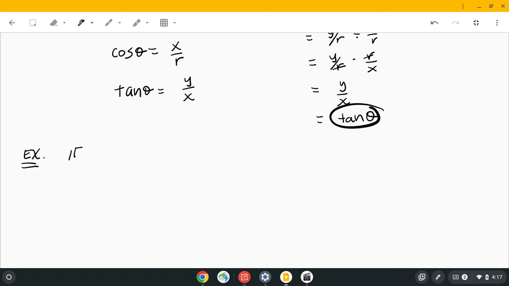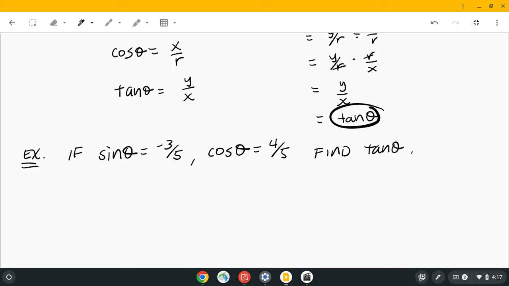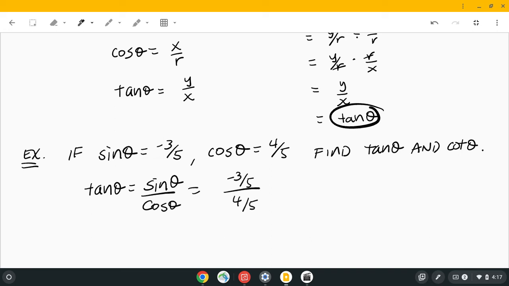If sine theta equals negative 3 over 5, and cosine theta equals 4 over 5, let's find tangent theta and cotangent theta. We know tangent theta is sine over cosine, so that's negative 3/5 over 4/5.